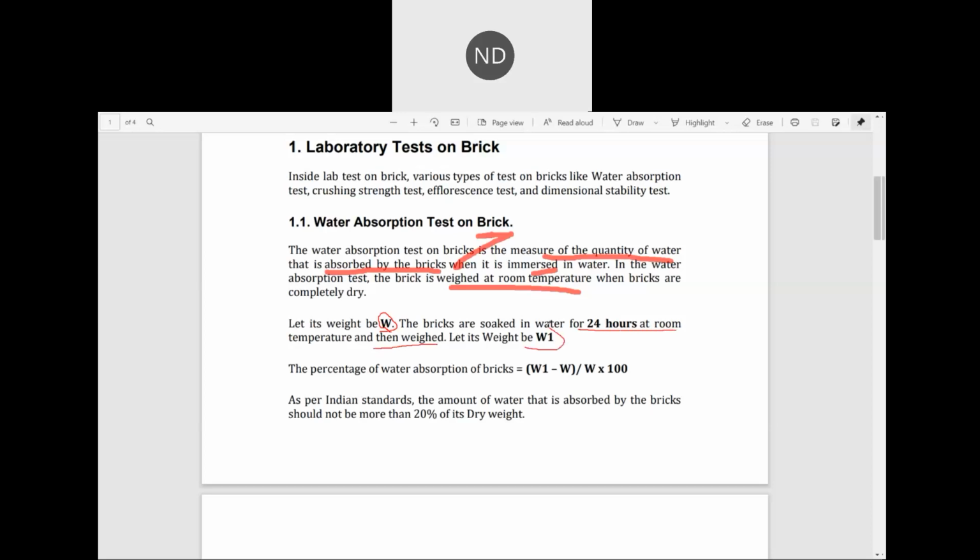That we consider to be W1. So first of all, we weighed the dry brick without any absorption of water in it. Dry brick, we consider it to be W, and then we soaked it in water for 24 hours. We immersed that brick in the water.